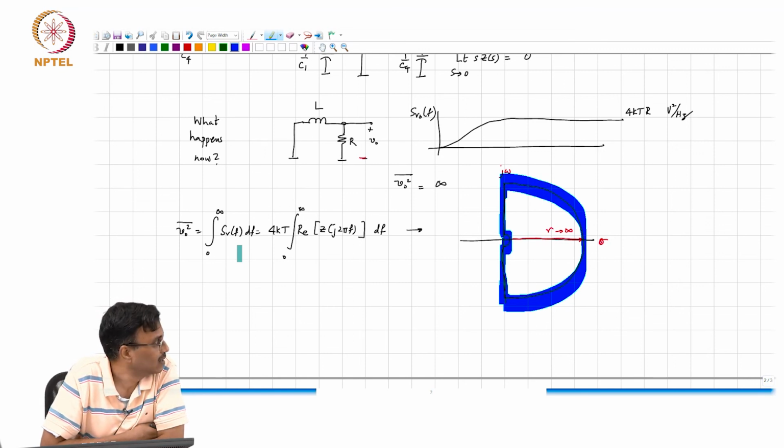Then you will find that this notion of using energy is more general, because the concept of energy is independent of time invariant or time variant or linear or non-linear. Whereas when you say impedance, you already mean that the network is time invariant.